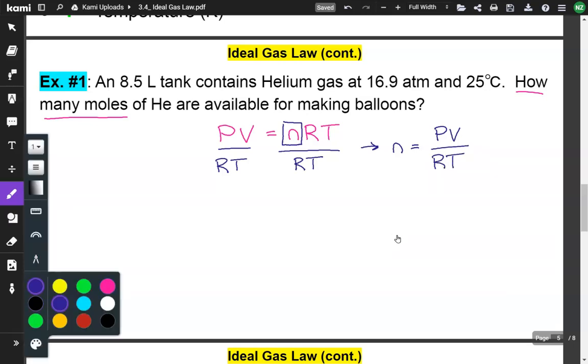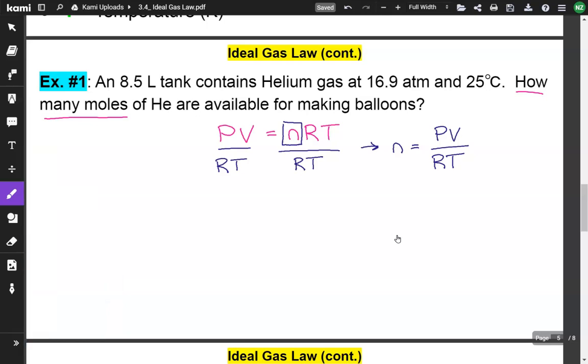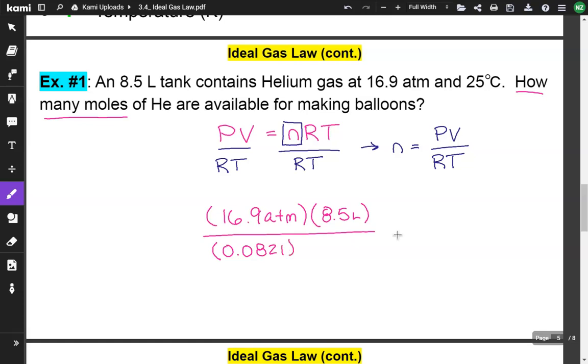So let's go ahead and start plugging in some numbers now. So P, our pressure, is 16.9 atmospheres. Our volume, in this case, is 8.5 liters. Our proportionality constant is 0.0821. I'm going to leave the units off.